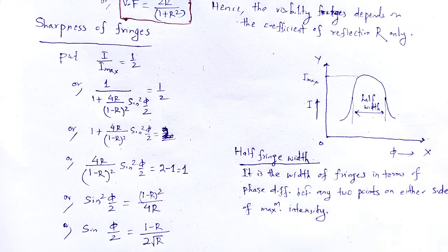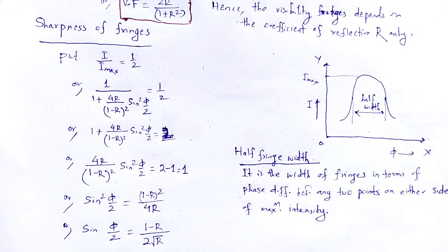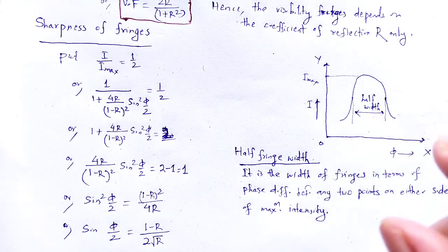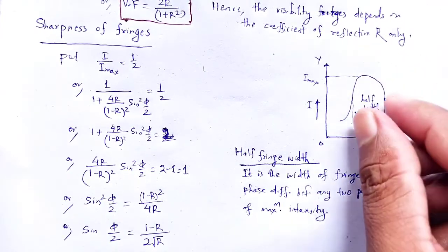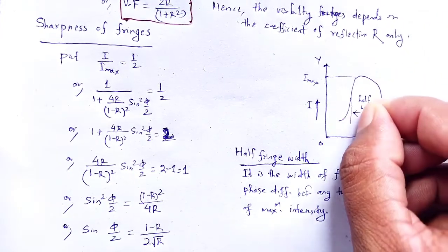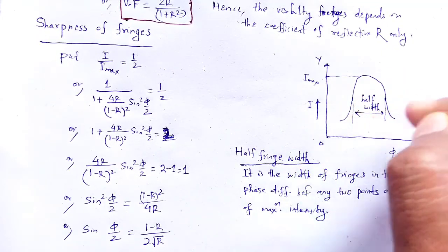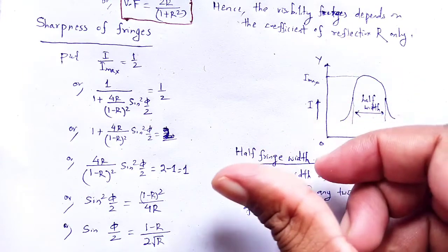So half fringe width has various physical significance, like it is responsible for the sharpness of maxima. If the value of half fringe width is small, the maxima will be more sharp. So the sharpness depends upon half fringe width.